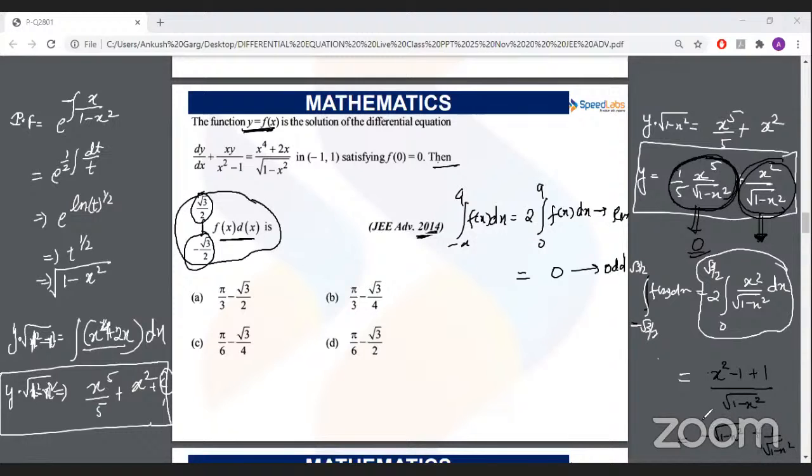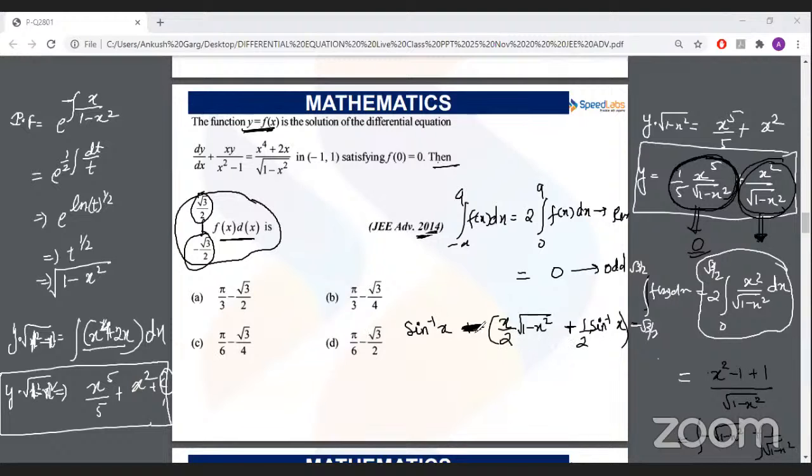Now this 1 upon under root 1 minus x square integral is simply sine inverse x. This other integration will be minus, you can take outside, and applying the formula of a square minus x square, that will be x by 2 under root of 1 minus x square, plus a square by 2, that is 1 by 2, sine inverse x by a, which is simply x.